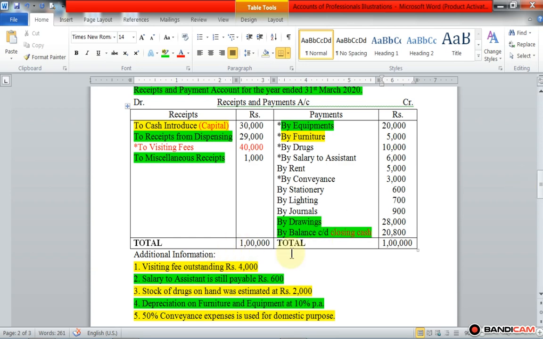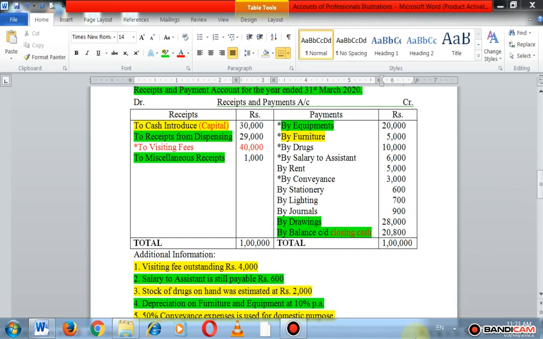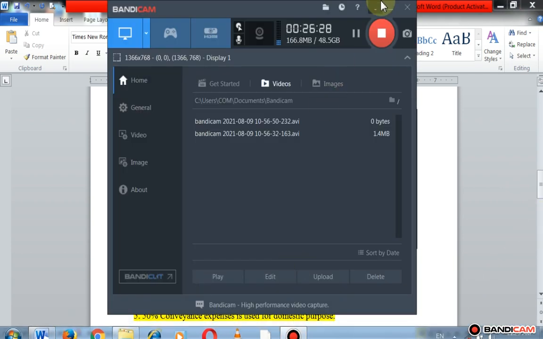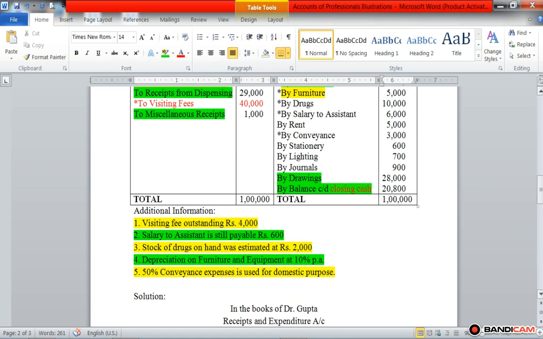So first of all, visiting fees outstanding amounted to rupees 4,000. So here remember the effect of outstanding income that we discussed in our previous lecture. Outstanding income has four effects. First effect, add in that respective income.